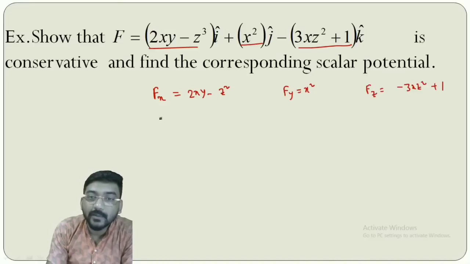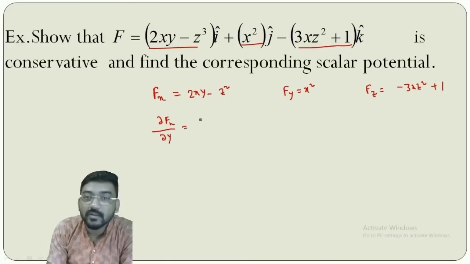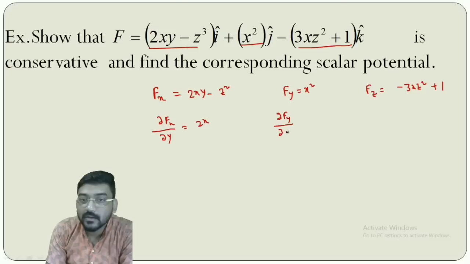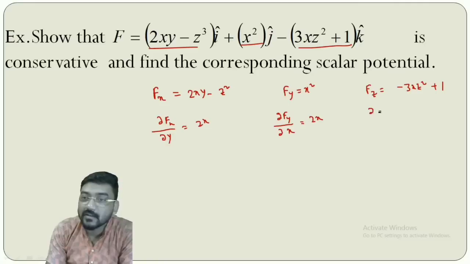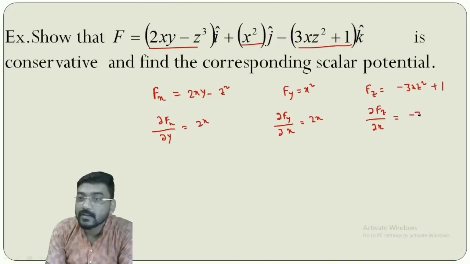So if we take del fx del y, what will you get? You will get just 2x. And if you want to find out del fy by del x, you will get 2x. And if you want to find out del fz del x, you will get minus 3z square.